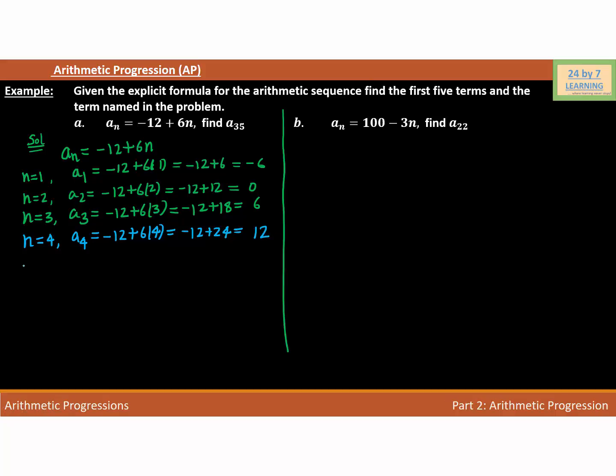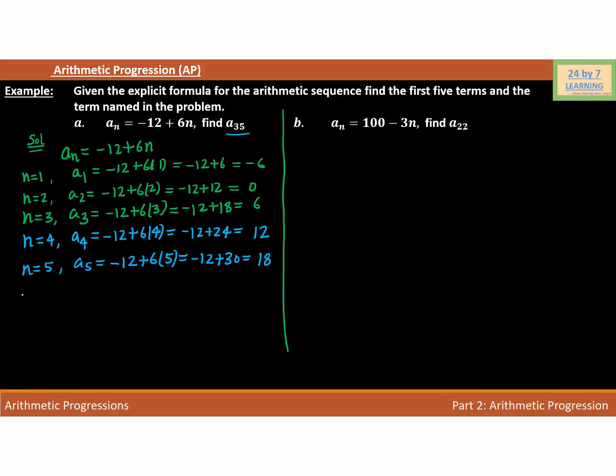My fifth term is n equal to 5, and a5 is equal to -12 plus 6 times 5, and 6 times 5 is 30. So -12 plus 30 is 18.